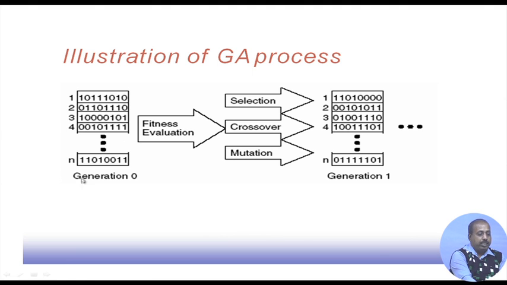Now, the point is that the population size over the generations remains unaltered. Here it was n, in generation 1 also it is n, and in successive generations also it will be n. This mimics the behavior of natural genetics, but in natural genetics the advantage is that the population size is virtually infinite, whereas in this computer based simulation for genetic algorithms, the population size is not infinite due to the limitation on memory space and computational time.